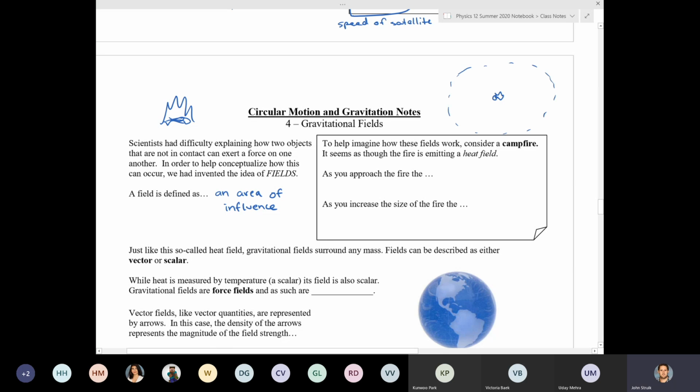Let's say there's a certain distance where you can feel the heat, and over here it's cold. So if you're here, you feel the heat, but over here you don't. So there's an area of influence, and the closer you get, the hotter it gets. As you approach the fire, the hotter it gets.